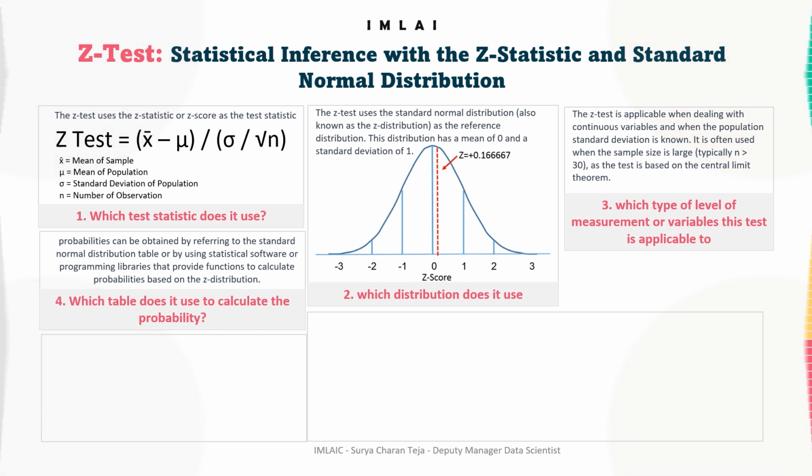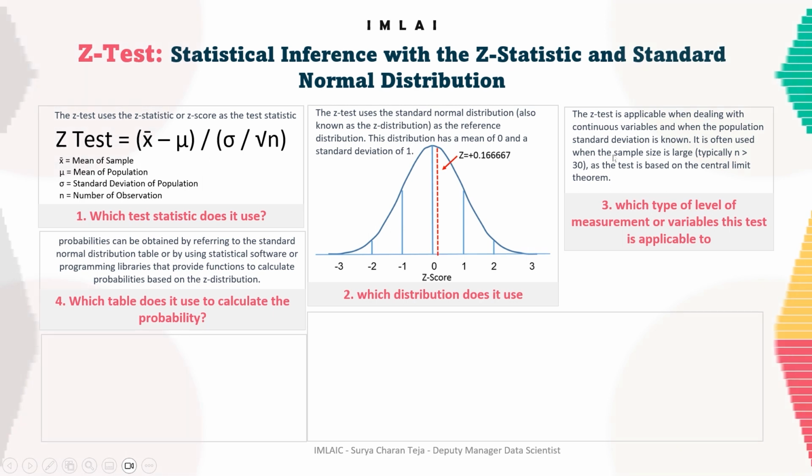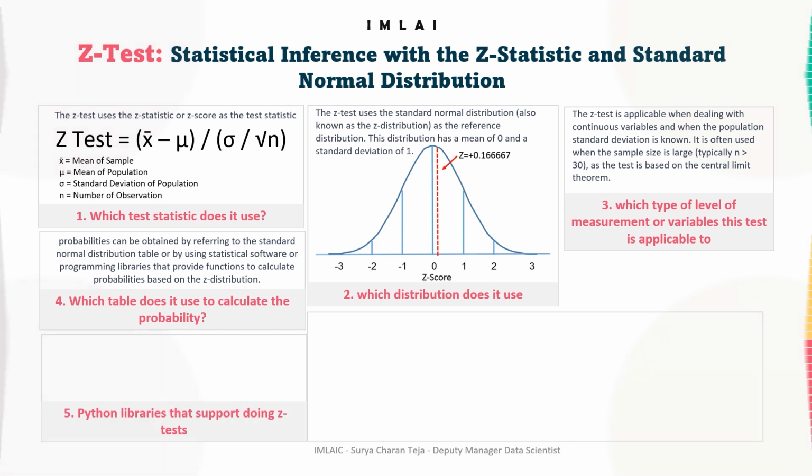And the fifth question. Most of the things have been answered. You will calculate the z statistic, and take the z distribution as a reference. It will be applicable to continuous variables where the sample size is greater than 30. To calculate the probability, we will be using the z distribution, majorly using some libraries. So the fifth question is, what Python libraries support doing z tests?